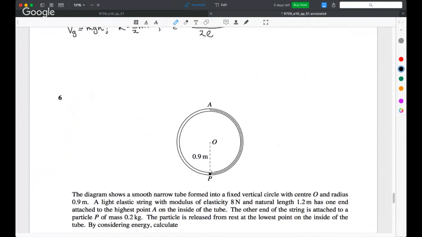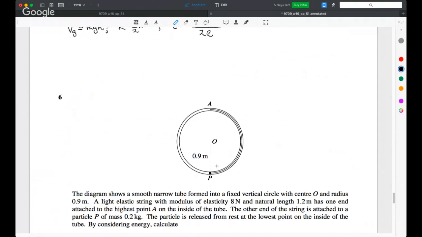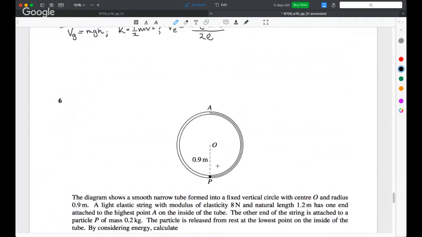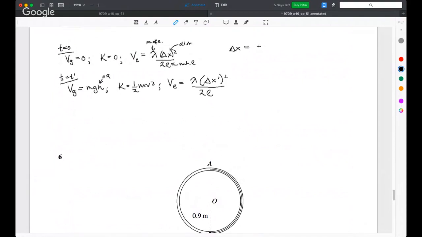How much is it stretched? It's stretched half the circumference of a circle of radius 0.9. So 0.9 pi minus the natural length. Here, it's only stretched for half of that because it's over here. So that's 0.45 pi minus L.